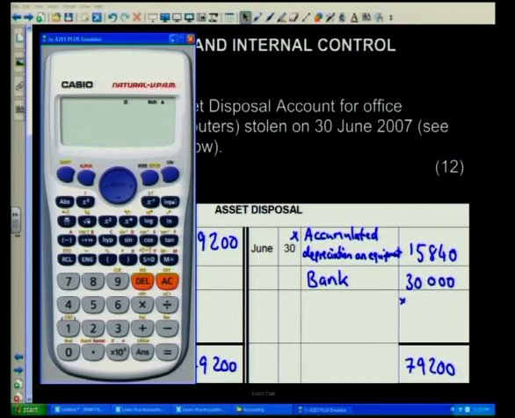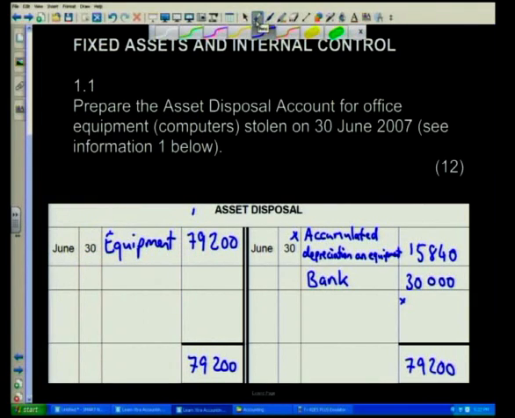So to do that, we take our 79,200, subtract 30,000, and subtract 15,840 to get the number that balances the two sides out, and that is 33,360. So let's write it in there, 33,360.